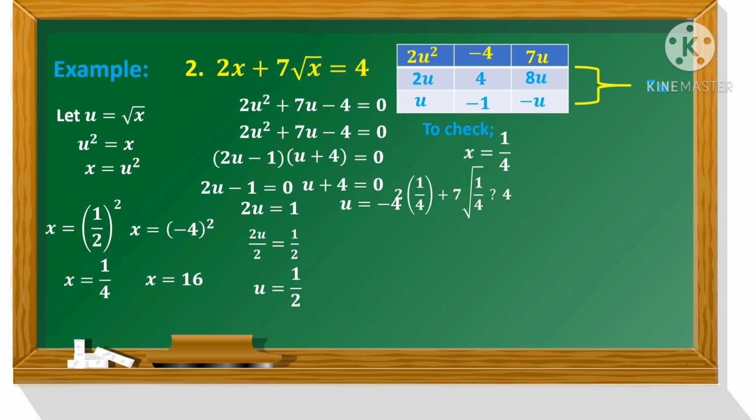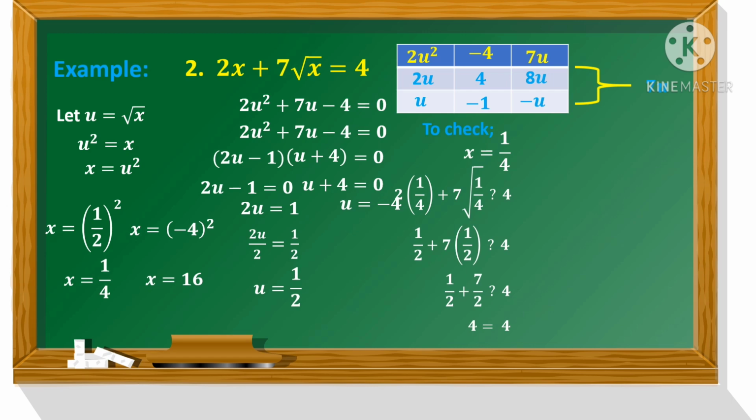Okay, so if we replace that, you have 2 times 1/4 plus 7 square root of 1/4. Is it equal to 4? Dapat maging equal to 4 sila. Okay, so 2 times 1/4 is 1 half, square root of 1/4 is 1 half. So 1 half plus 7 times 1 half is 1 half plus 7 over 2.